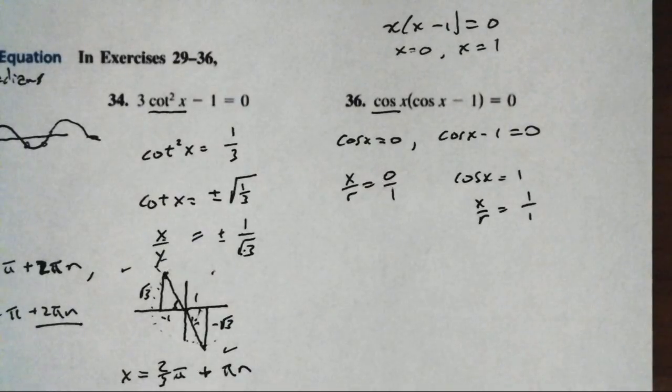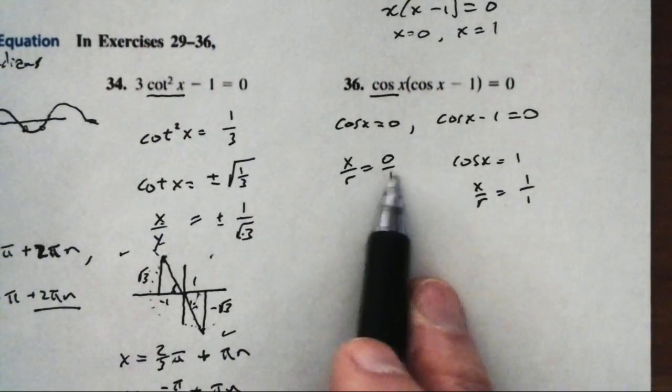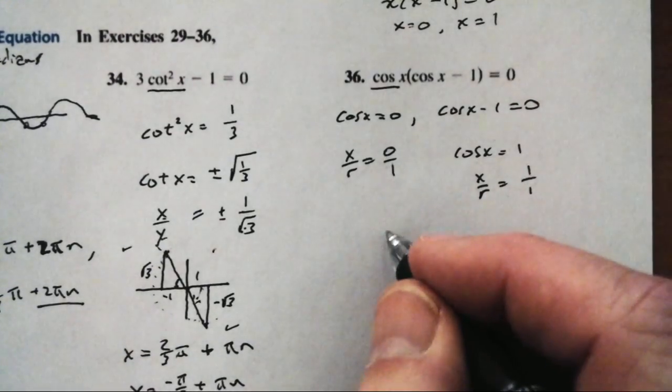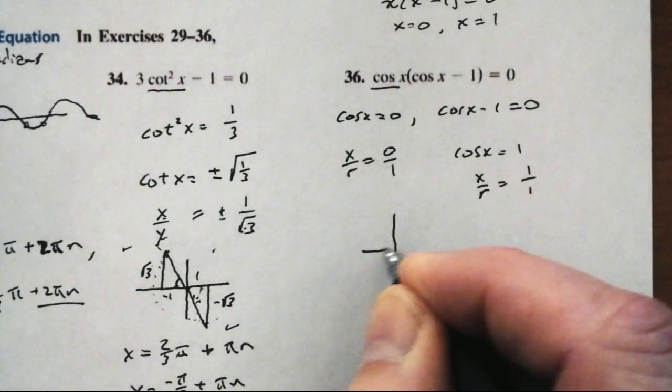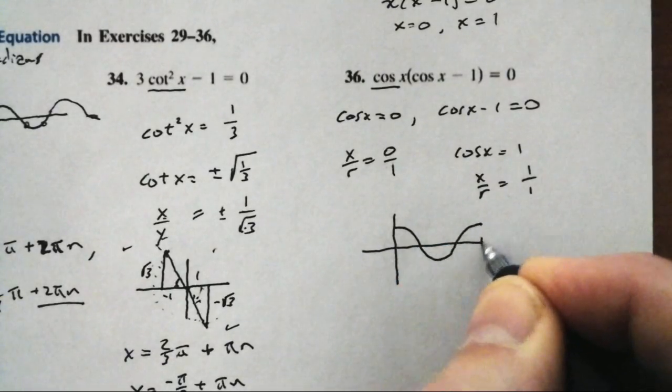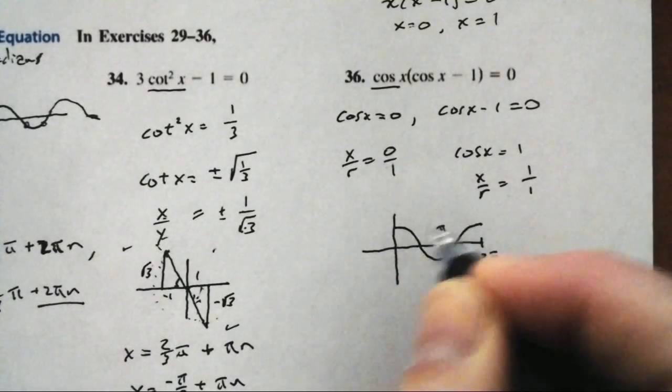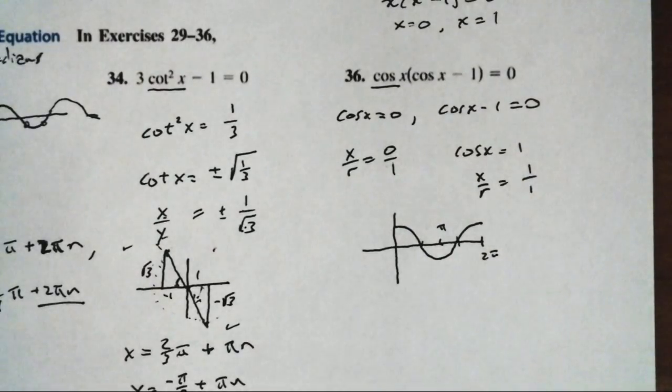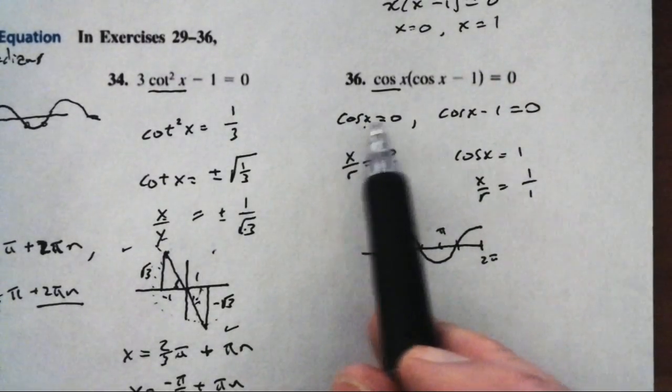Now, again, we could get this from the graph of cosine. We could build triangles, these quadrantals, but I'm going to get this from the graph. Here's the graph of the first revolution of the graph of cosine. Looks like this. 2 pi, pi, pi on 2, 3/2 pi. So when is cosine 0?